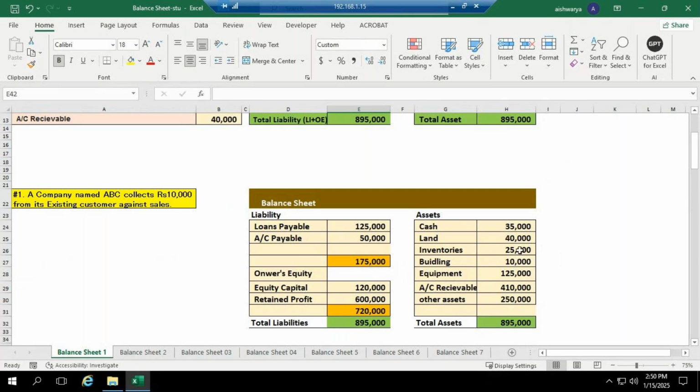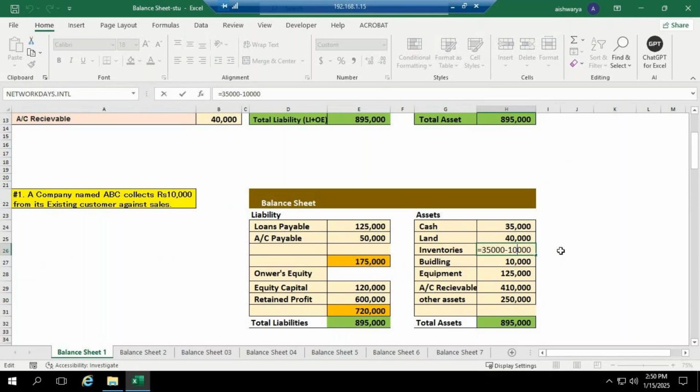So we have to minus this 10,000 in inventory, that means we have sold. Not receivable, wait, in the cash column we have to add, because we have already collected, right? So plus 10,000.